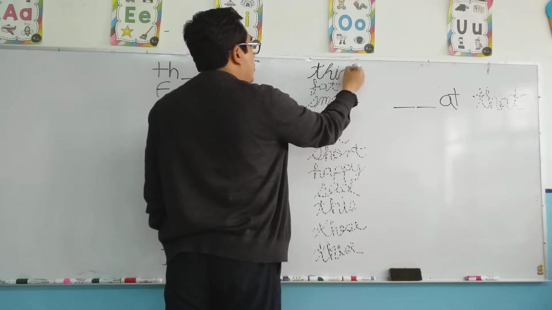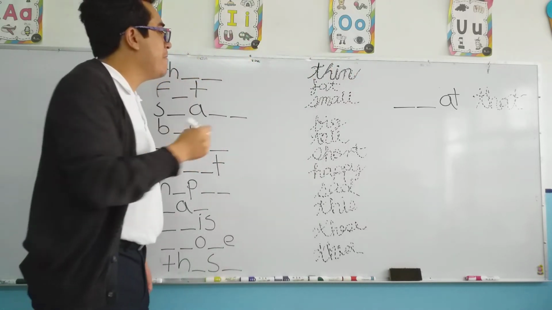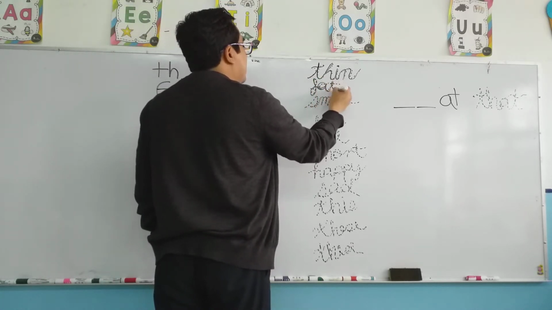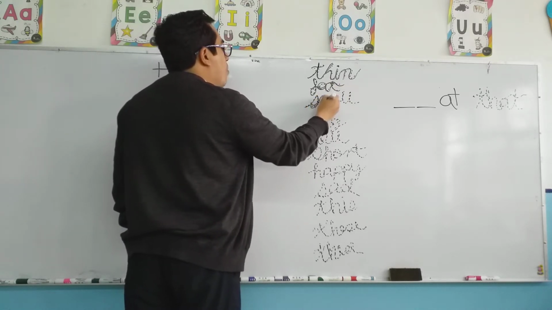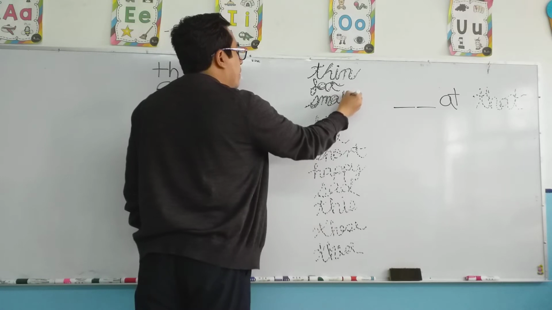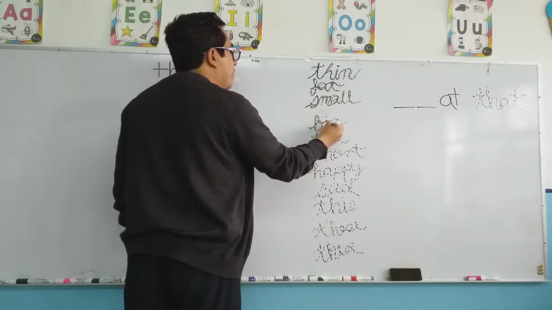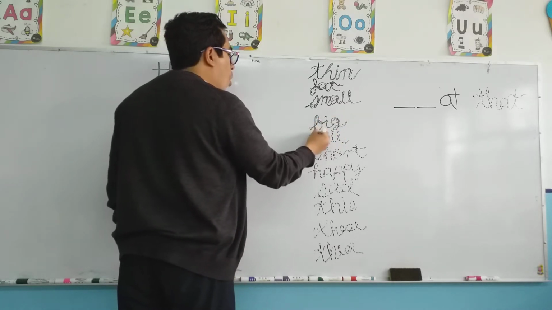So, the first cursive word, la primera letra cursiva, it says thin. Then we have fat. Then we have small. We have big. We have tall.